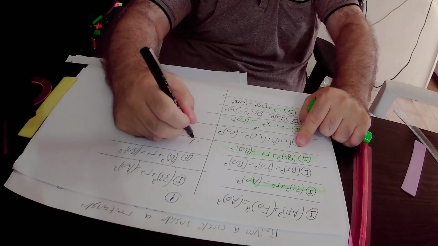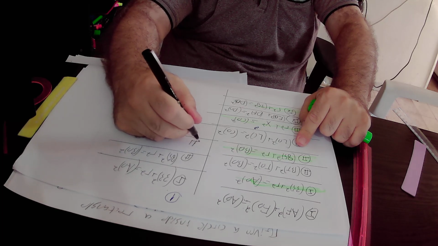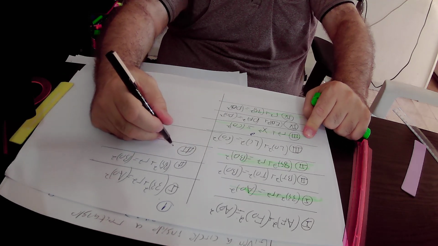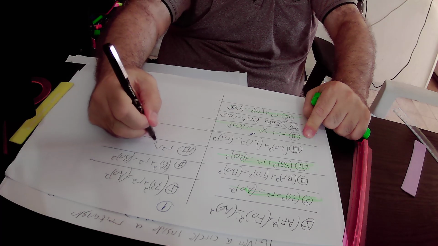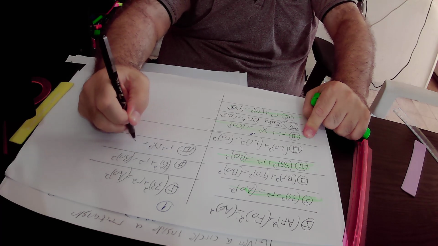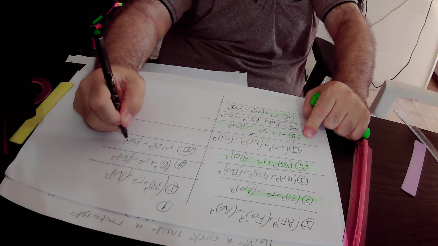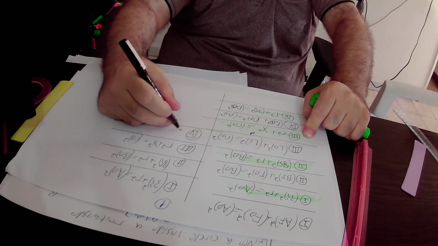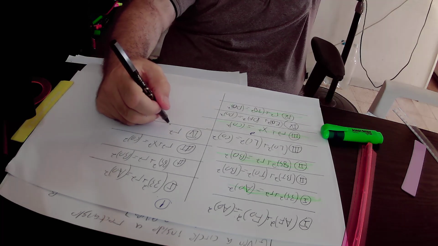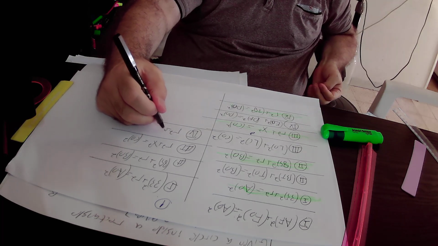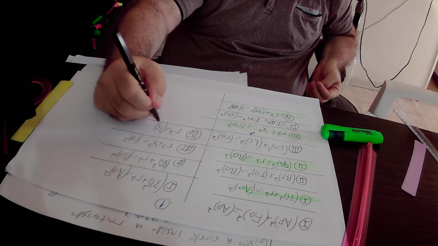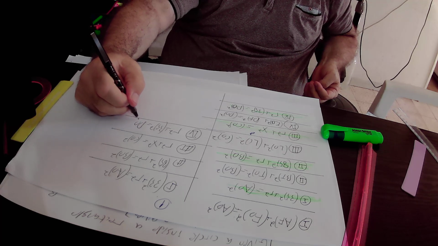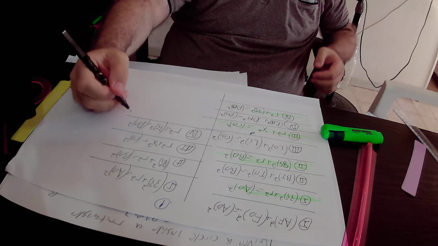According to equation number 3, R squared plus X squared equals CO squared. And finally, according to equation number 4, we found out that R squared plus 35 squared equals DO squared. Okay.